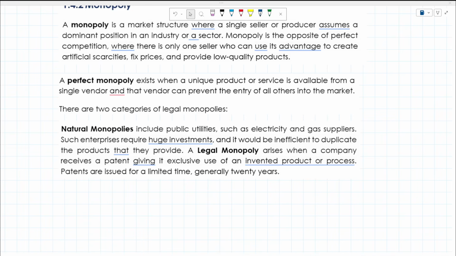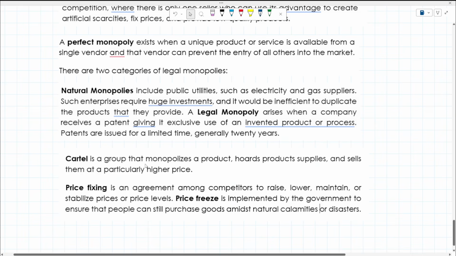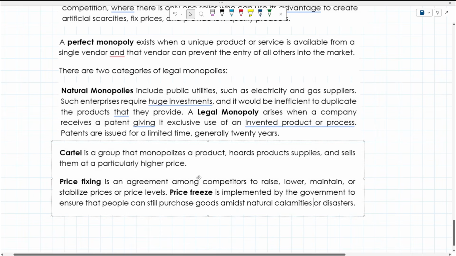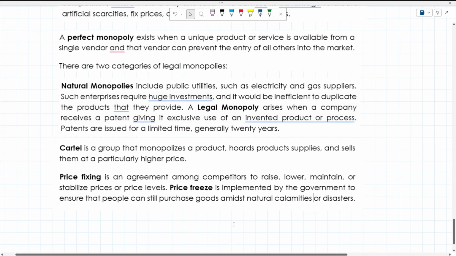So as I mentioned, monopoly is usually illegal. And one group that monopolizes a product or hoards product supplies and sells them at a particularly higher price would be called a cartel. We have probably heard cartel in different scenarios.